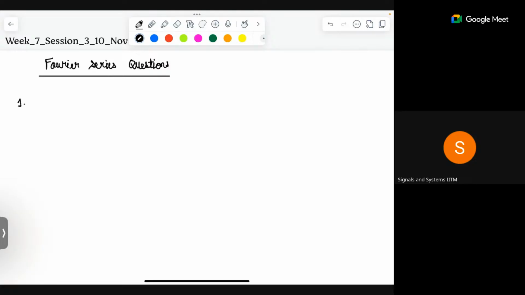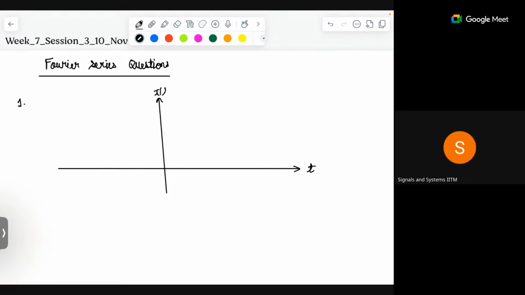So this is today's first question. I am drawing this periodic signal x of t. You can also draw it with me if you want.